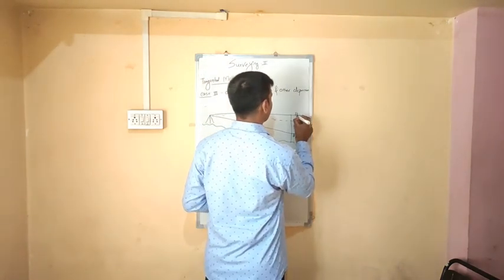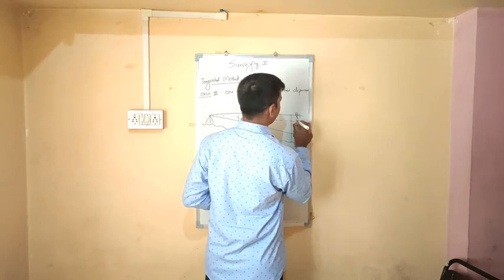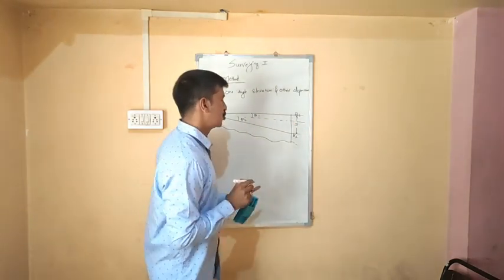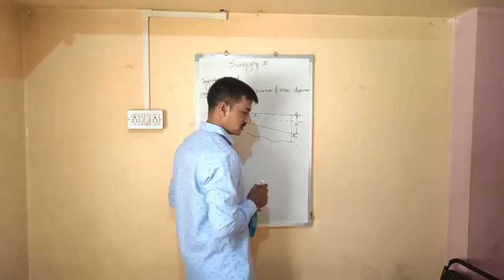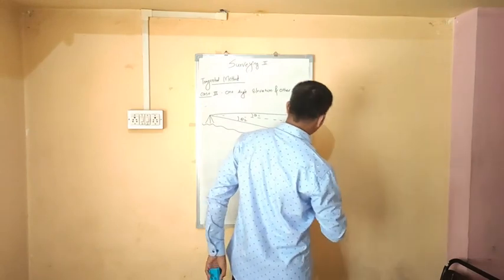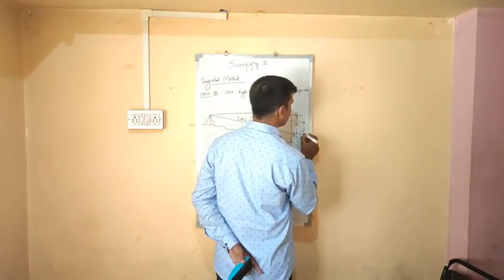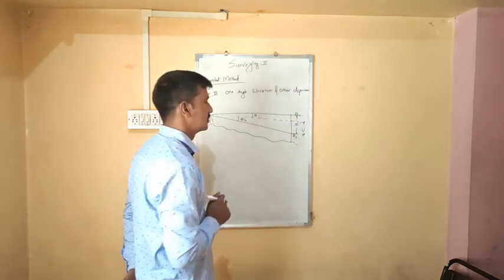Okay, from the instrument axis to the bottom hair target, this distance is V. Correct?